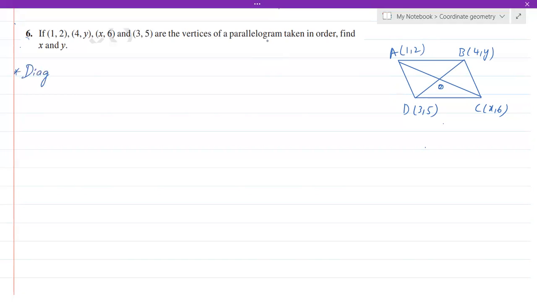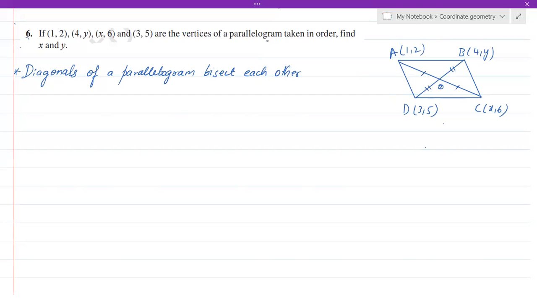Diagonals of a parallelogram bisect each other, which implies OA will be equal to OC and OB will be equal to OD. That's the meaning, isn't it?